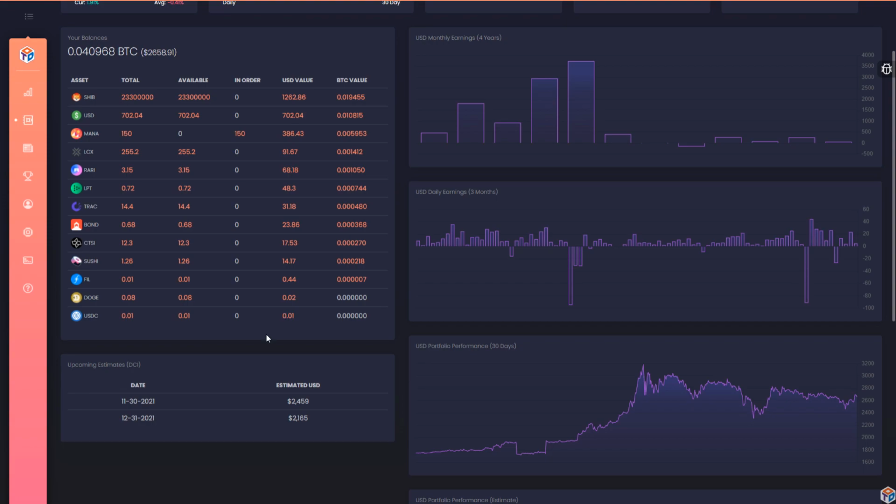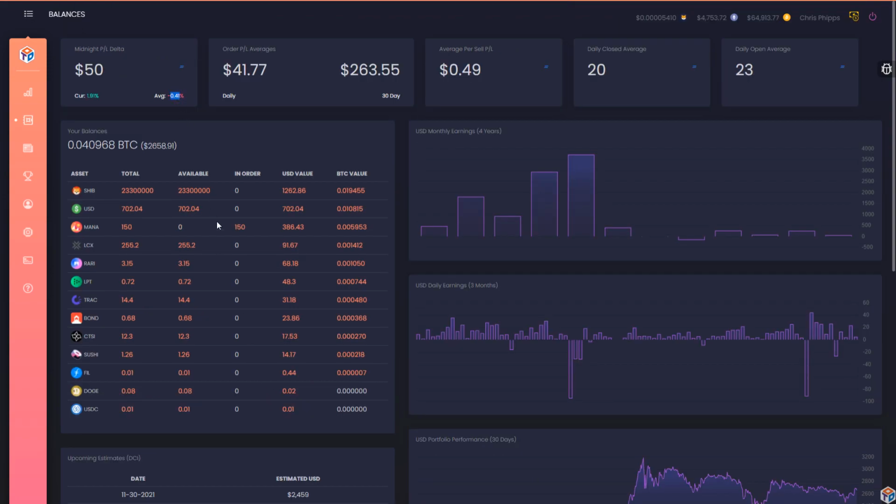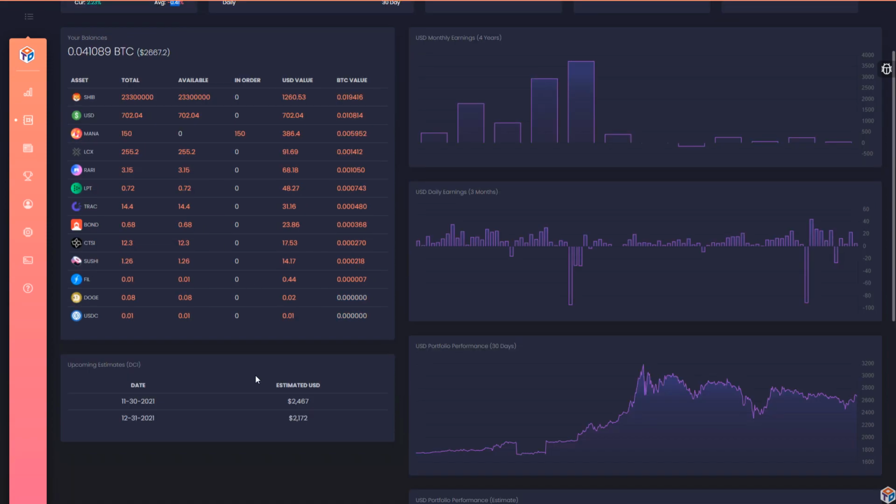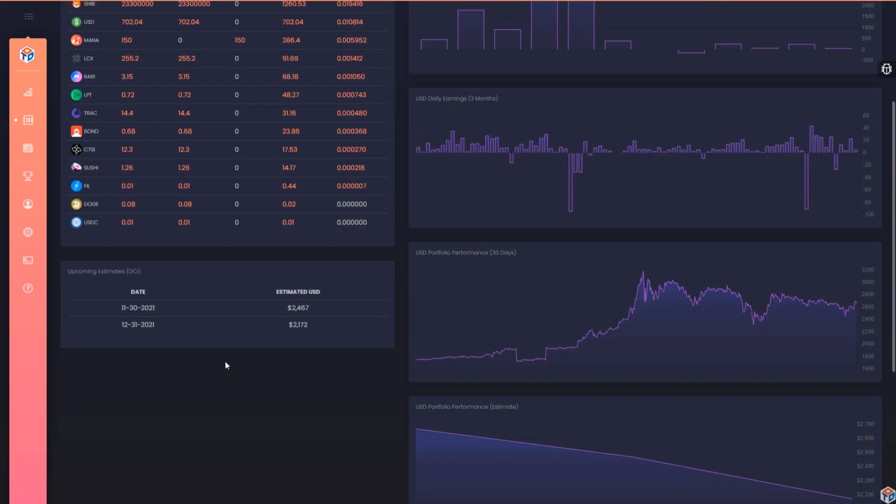The upcoming estimated is essentially a calculation until the end of the year based on your current average, in this case, negative 0.41%. So you can see by the end of the month, it's saying that I'll have $2,400 instead of the current $2,600, and then in December, I'll have only $2,100.